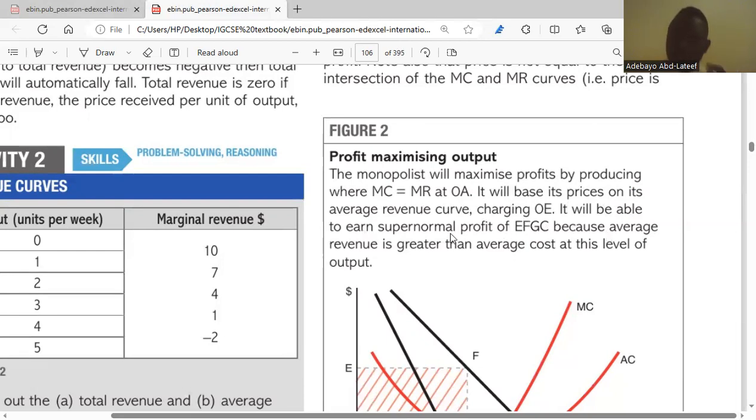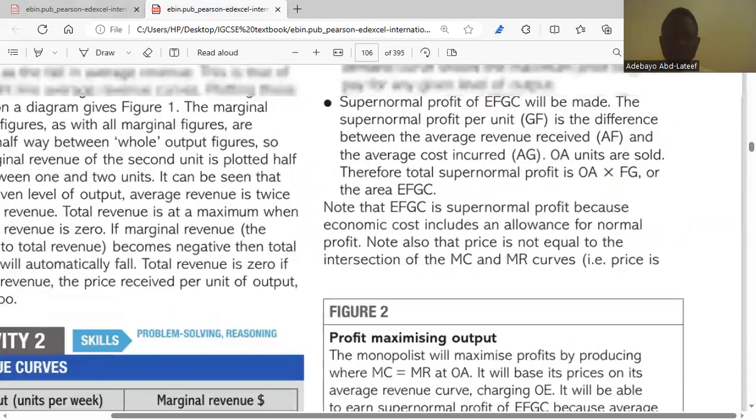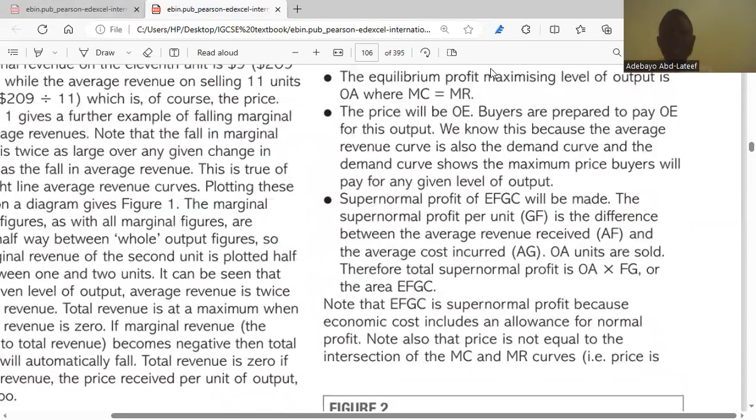It will be able to earn supernormal profits of EFGC because average revenue is greater than the average cost at that level of output. So before we go down here, a supernormal profit of EFGC will be made. The supernormal profit per unit will be GF, the difference between AF and AG.